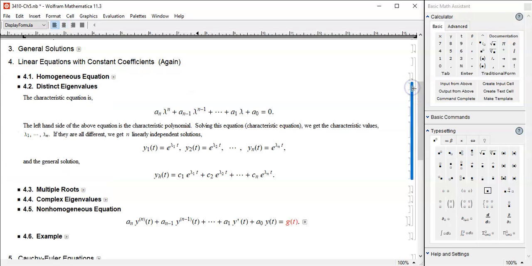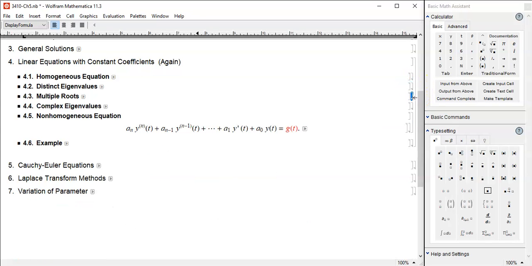In general, we're going to get something like this. If we have all distinct eigenvalues, then you're going to get all these distinct solutions which happen to be linearly independent. Yes, we can prove this rigorously using the Wronskian. And then add them together, take a linear combination, and that is the general solution.